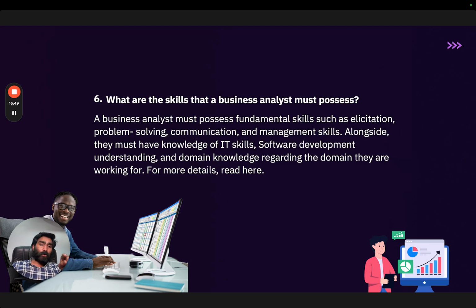So that's where your role comes into the picture. So the base is your fundamental knowledge of a process, product or business, the second is some technical skills, and of course the third one, which is a very key one, is communication, right? So you can add all of this, whatever I have said, in your answer, but do not directly read line by line, which will not create much impact.